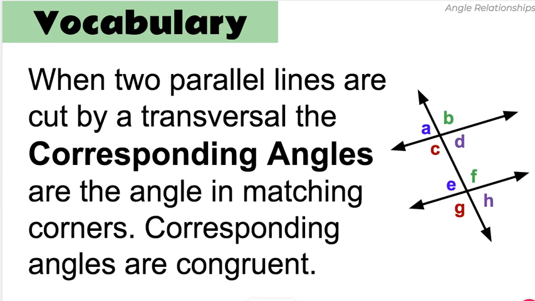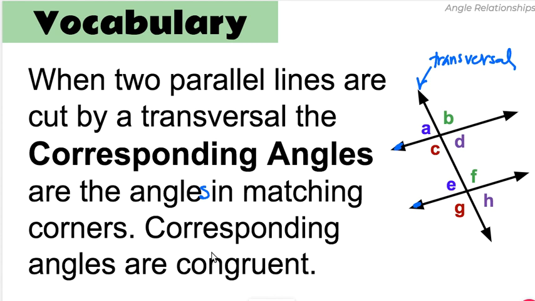All right. Now we start getting into some more of the advanced angle relationships. When two parallel lines are cut by a transversal, okay, so here's our transversal, and these two lines are parallel. When two parallel lines are cut by a transversal, corresponding angles are the angles in matching corners.